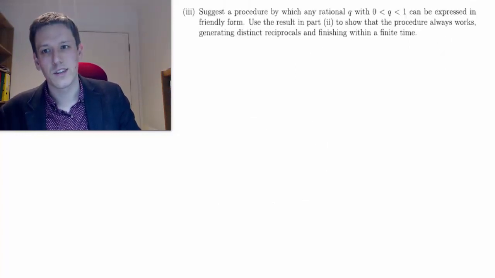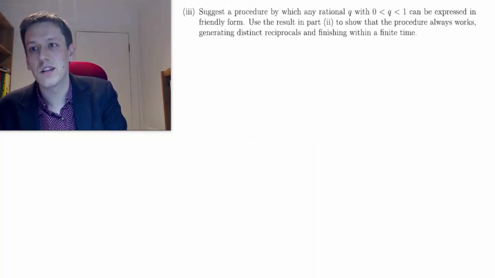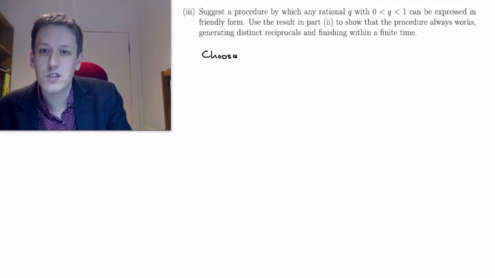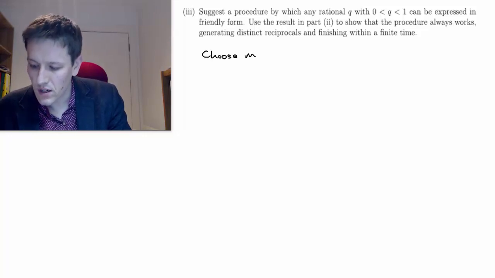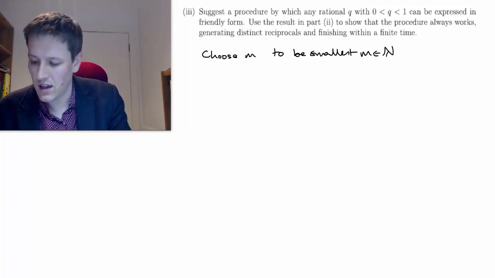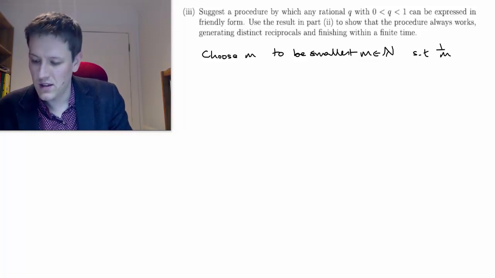Okay, so I just need to write that down somehow, and this time let me try and write this out a little bit. So we're going to start by choosing m to be the smallest natural number m such that 1 over m is less than or equal to q.